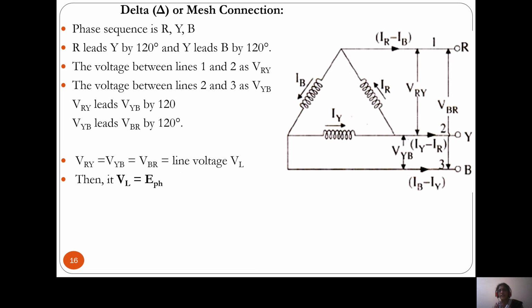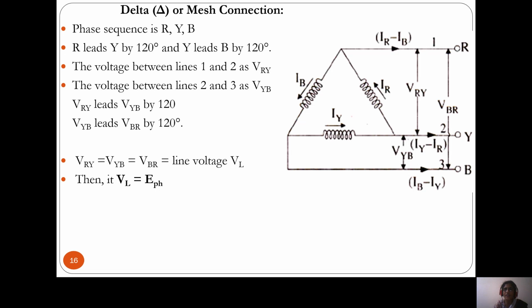So next one is the delta connection, also called mesh connection. Here the phase sequence is R, Y, B. Three phases must be there. R leads Y by 120 degrees and Y leads B by 120 degrees. The voltage between lines 1 and 2 is VRY, between lines 2 and 3 is VYB, and between lines 1 and 3 is VBR.